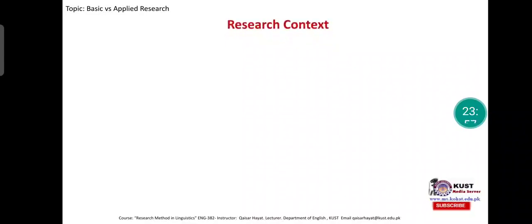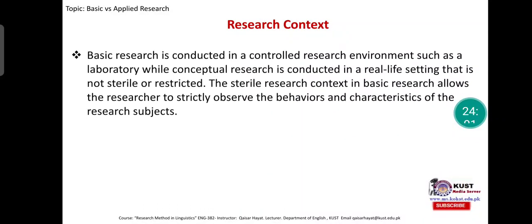Now, let's see research context. Students, basic research is conducted in a controlled research environment, such as a laboratory, while applied research is conducted in a real life setting, that is not sterile or restricted.